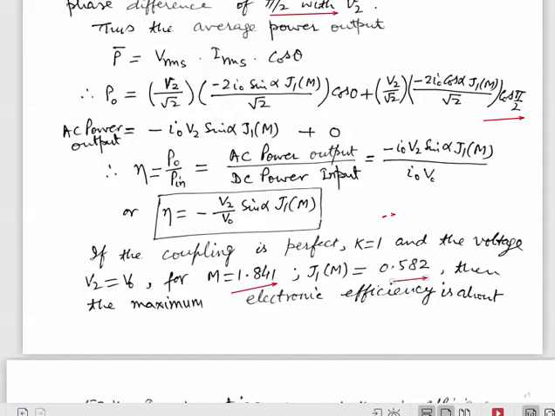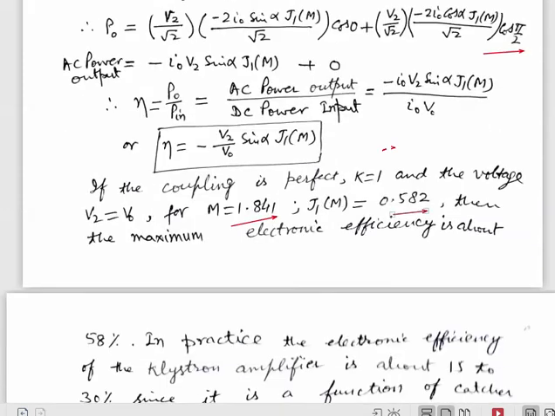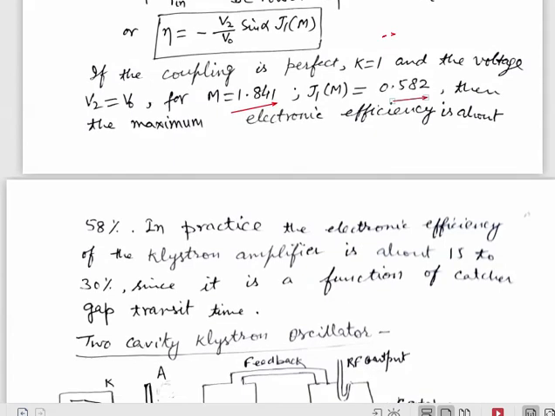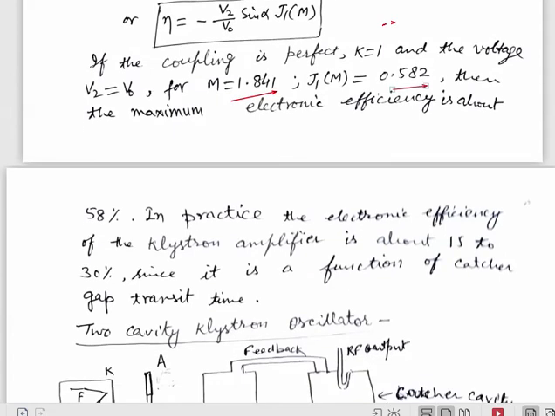So in that case, if the value of sin alpha is equal to 1 for maximum efficiency, then the maximum electronic efficiency of the two cavity klystron comes out to be only 58%.